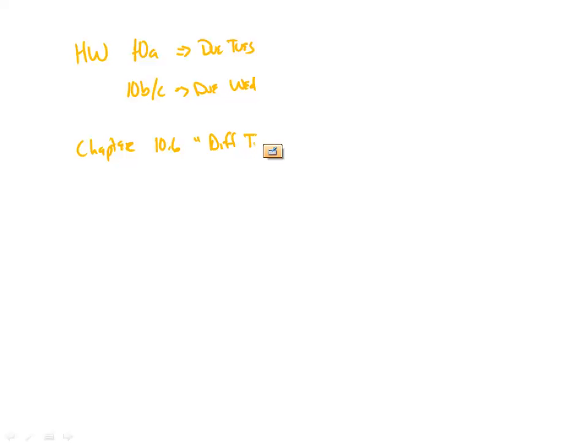Okay, so homework 10A was due Tuesday. 10B and C will be due Wednesday. Then we'll pick up in chapter 10, starting in 10.6 with different types of solids.